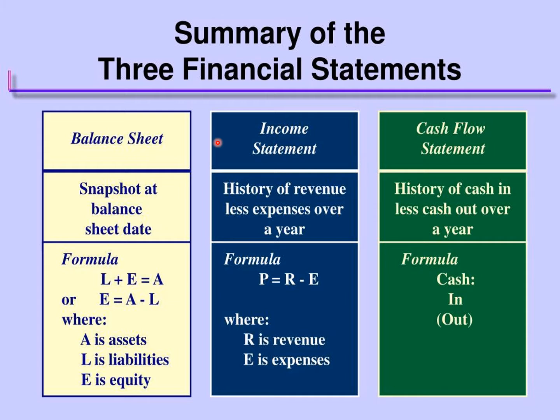So the formula remains profit, which is represented by P, is equal to R revenue minus expenses denoted by E.